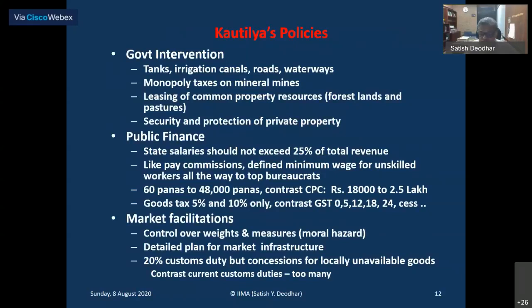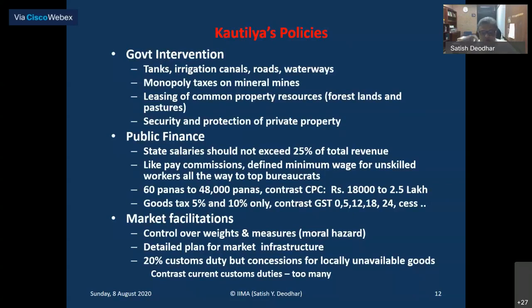But many times consumers are fooled. So market facilitation is required, by having control over weights and measures, and penalizing those who try to commit fraud. Kautilya had talked about this 3,000 years ago.